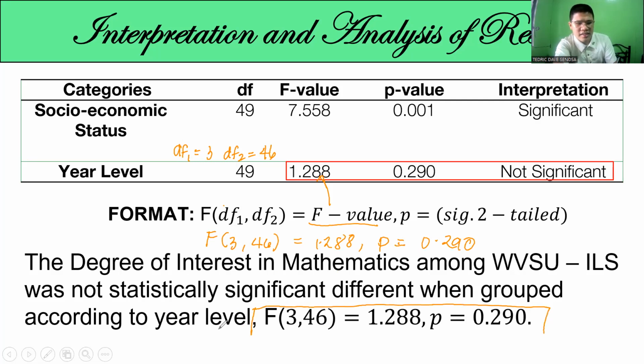Since it is not significant, you just copy the null hypothesis. The null hypothesis, and then you add a comma and the format. Because you have interpretation here and analysis of data, you put anything that can support or contradict your research results.